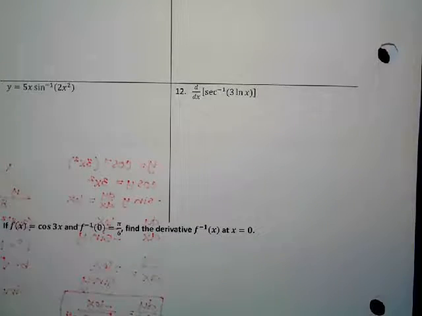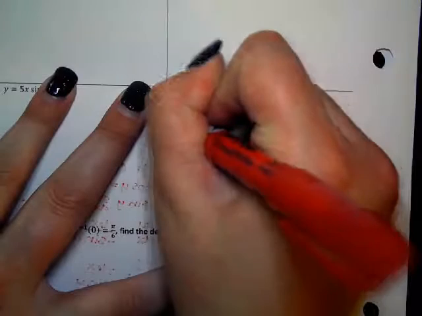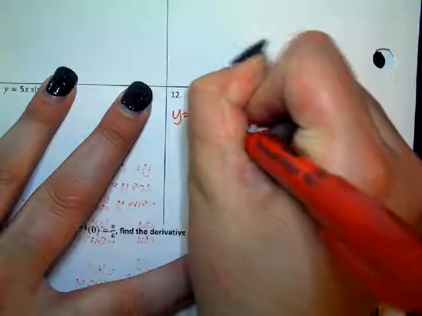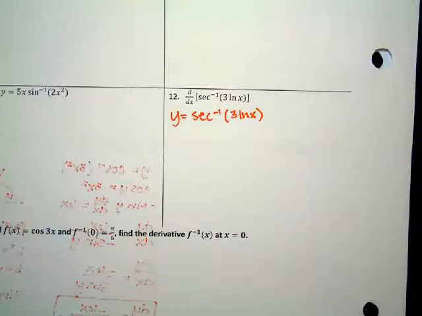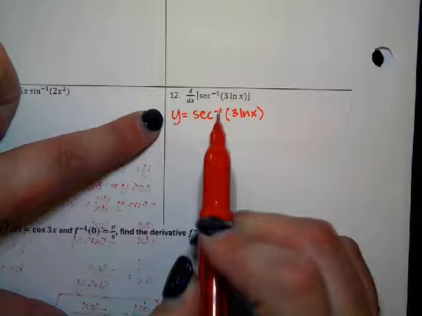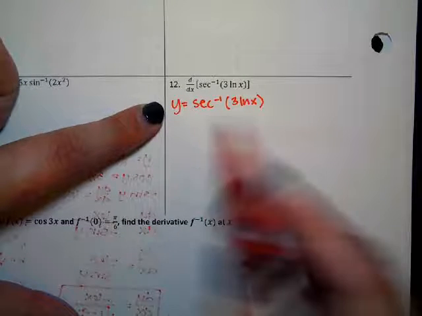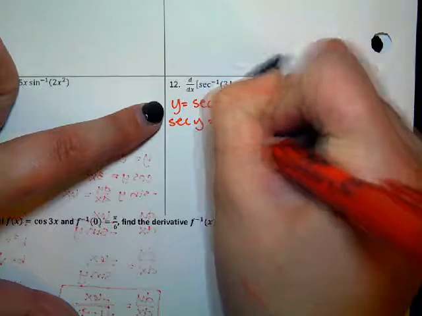Okay. So how do we start it off? All right, so what do we do first? So we get secant y equals 3 ln x.